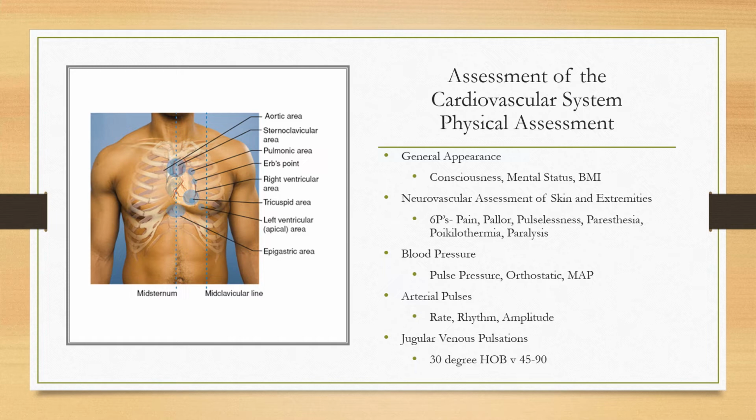The neurovascular assessment of skin and extremities. So those 6 Ps are usually for typically an occluded artery to a limb. Okay, so they don't really apply to, say, chest pain or a myocardial infarction.